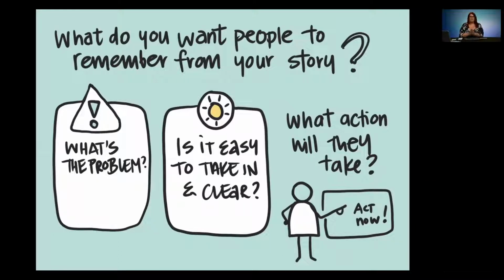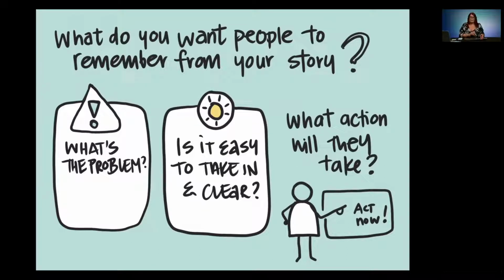So first of all, what's the problem? You want to be able to convey the problem to start with, because it's probably the first thing, especially if you're presenting to stakeholders or executives, the first thing that people usually say is, but what's the problem? Why does it need to be fixed? So what's the problem is something I want you to think about.